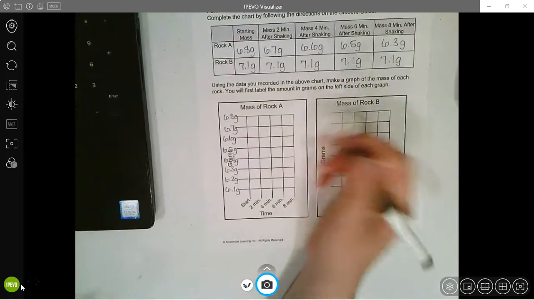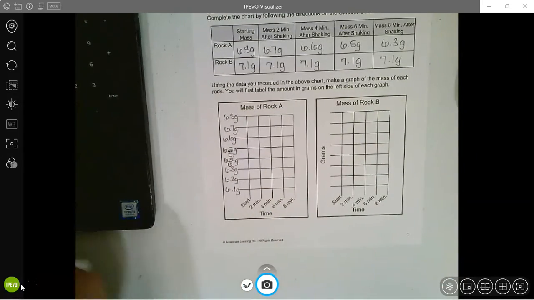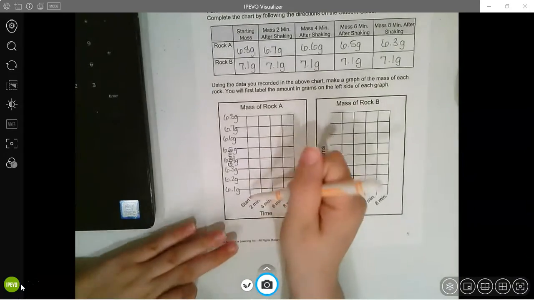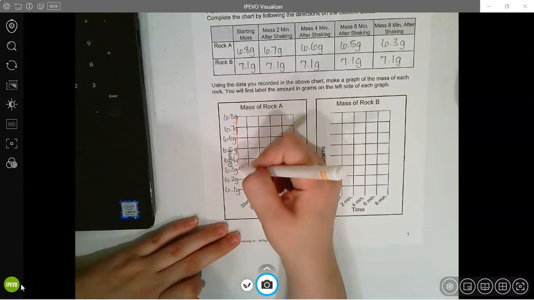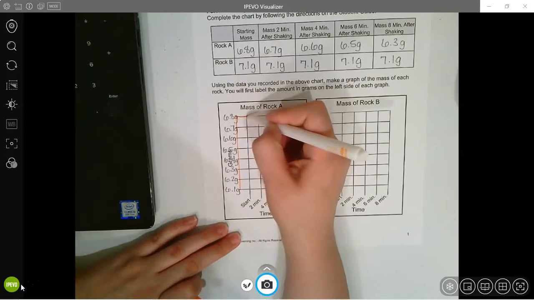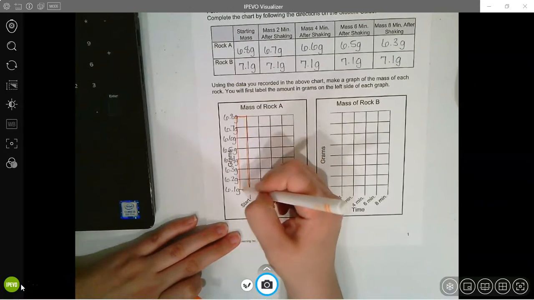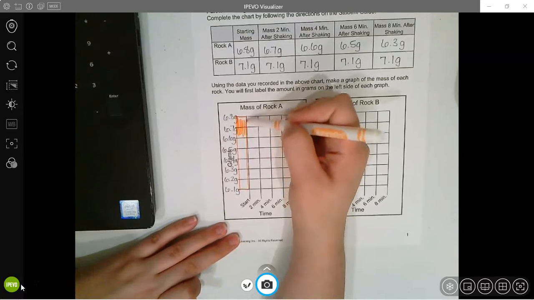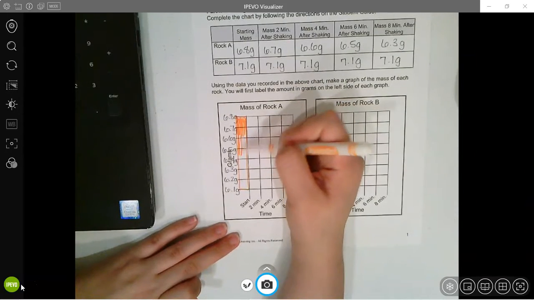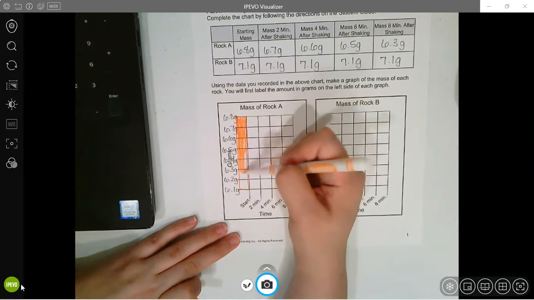So we're going to graph the results. So where it says start, remember it started off at 6.8. Okay, so we're just going to kind of color it in. We're going to be making a bar graph.